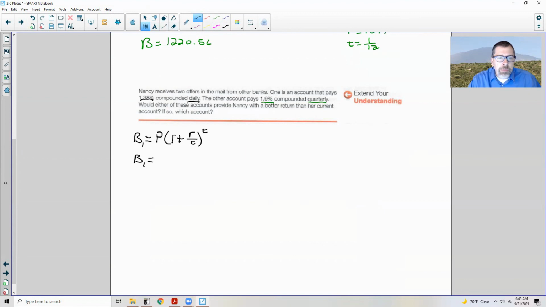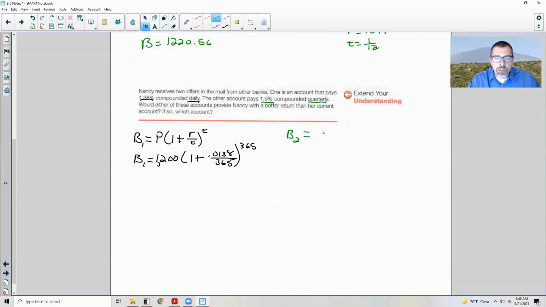So then we get the principal being $1,200 from the last check your understanding, times 1 plus, and now this rate is 0.0138 over daily, which is 365, to the power of 365. So there's one formula. And then let me do the green one up now.